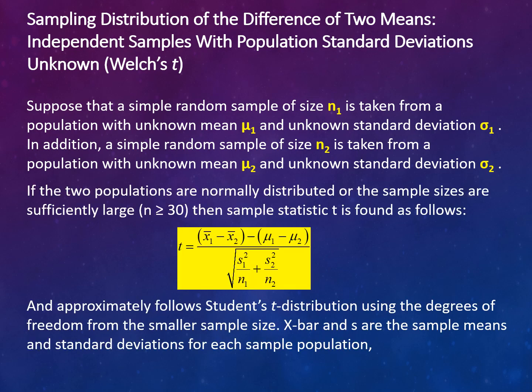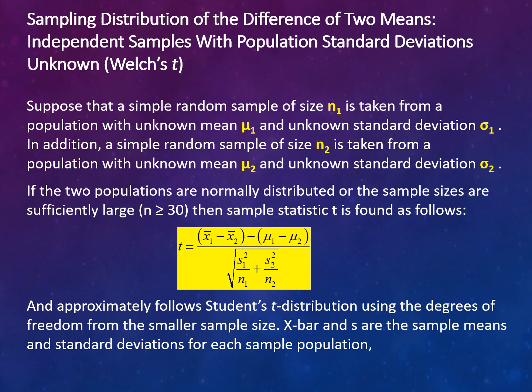If the two populations are normally distributed, or the sample sizes are sufficiently large, greater than 30, then the sample statistic t is found as follows. T equals x bar 1 minus x bar 2 minus the quantity of mu 1 minus mu 2, all over the square root of s1 squared over n1 plus s2 squared over n2.